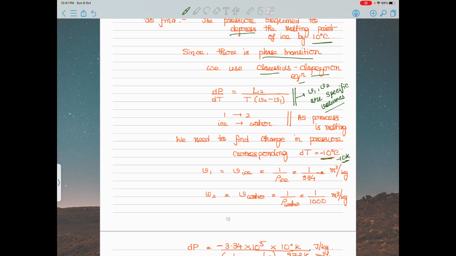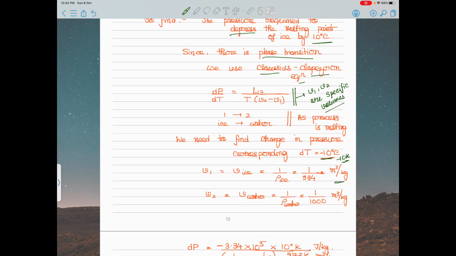Now V1 is V ice, the first one, that is 1 upon rho ice, that is 1 upon 934 meter cube per kg. Density is kg per meter cube, and specific volume is volume per unit mass, so if we take the reciprocal of density, we get the volume per unit mass, meter cube per kg.